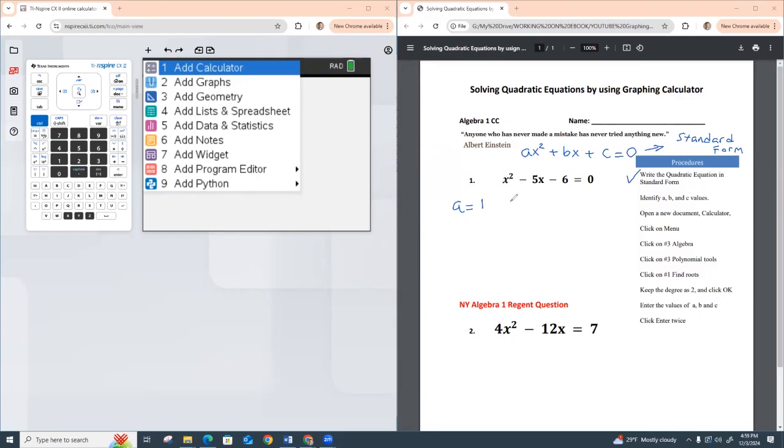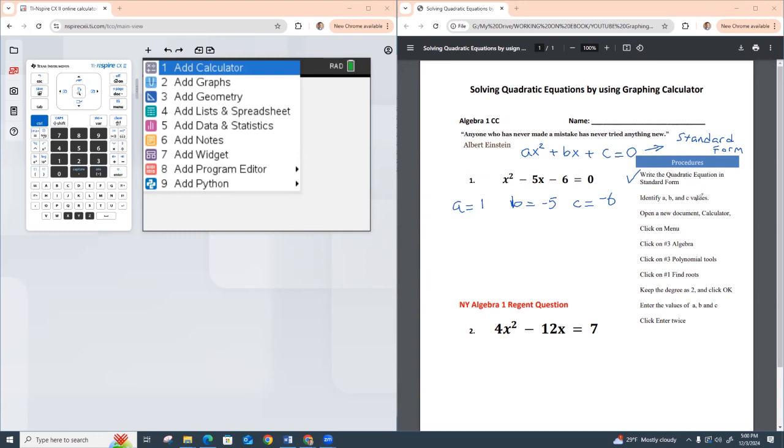And B is the linear term. How many x's that we have? It is -5, including the negative sign. Don't forget that, -5. C is the constant number, the last number that does not have the variable. So it is -6. Okay, I found all three values.